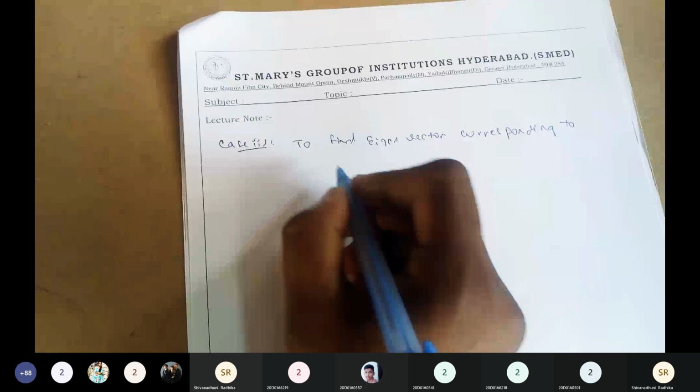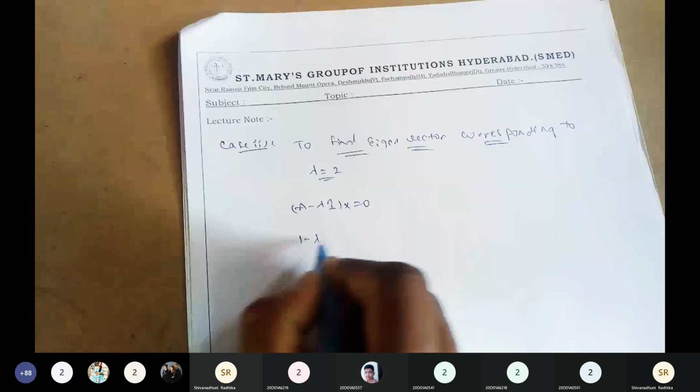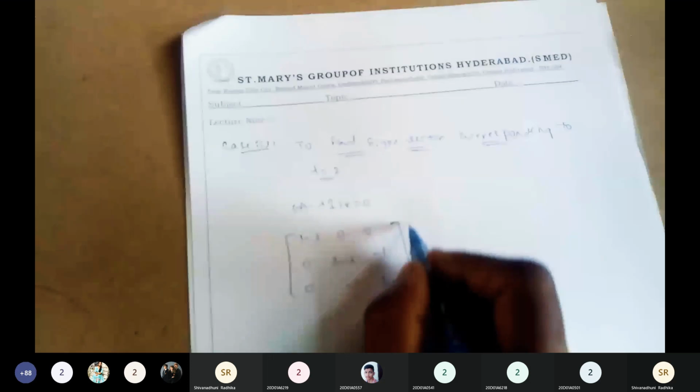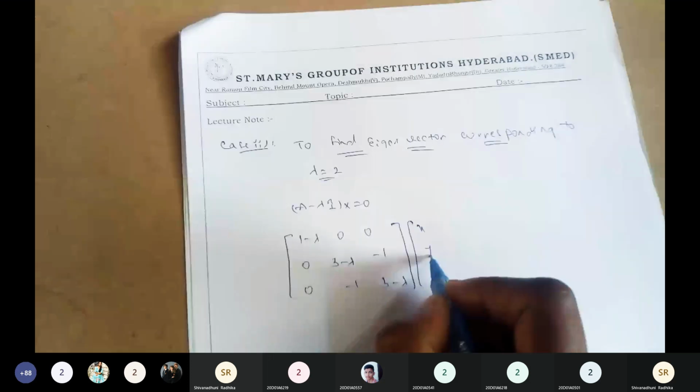Now I'm going to write the matrix: 1 minus lambda, 0, 0; 0, 3 minus lambda, minus 1; 0, minus 1, 3 minus lambda. So that is the characteristic matrix into the variable matrix equals zeros.